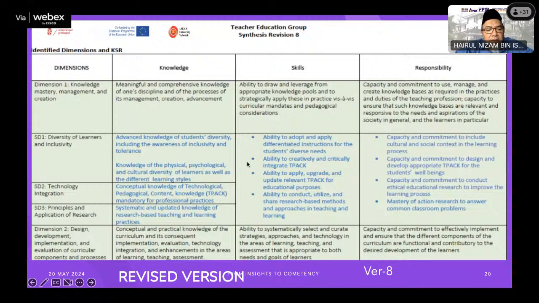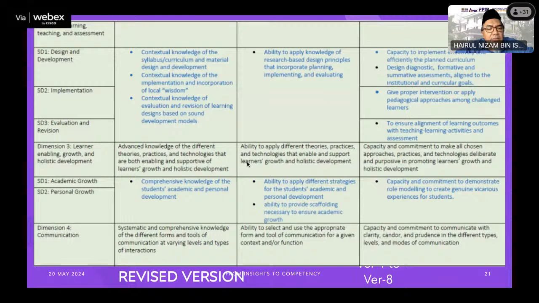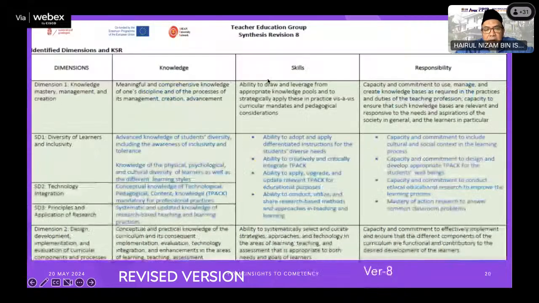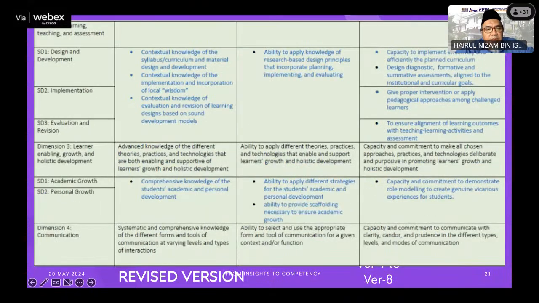There are quite a number of these related to the 7 dimensions, so I put up the slide here to show this mapping between the dimension, sub-dimension, and the 3 contexts: knowledge, skills, and responsibility.